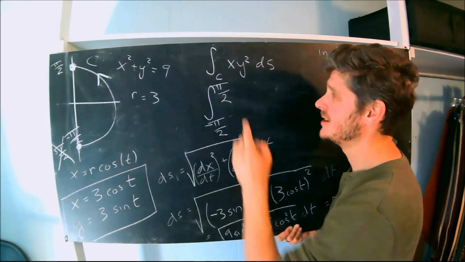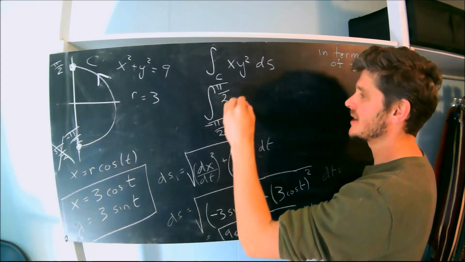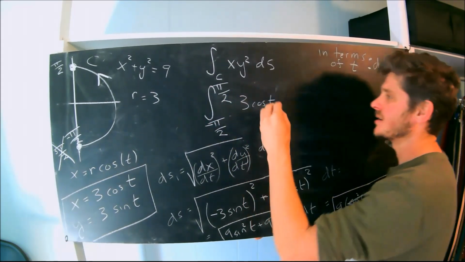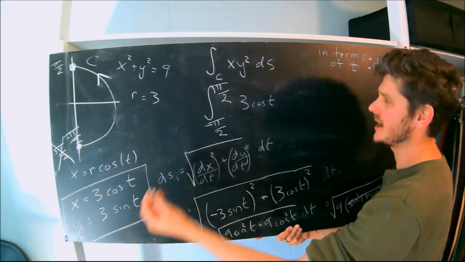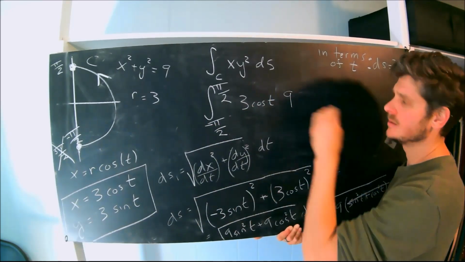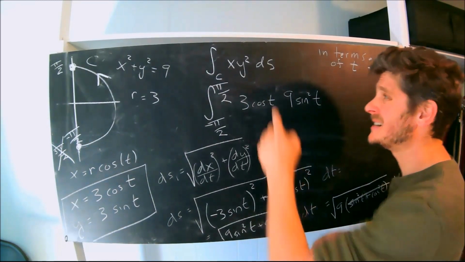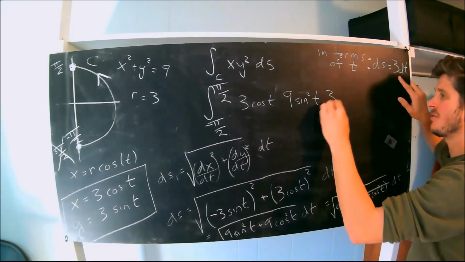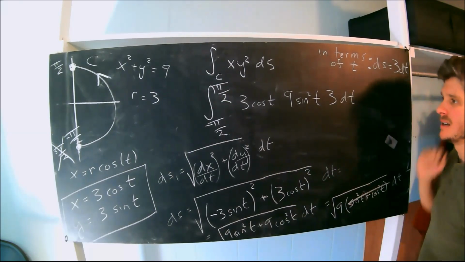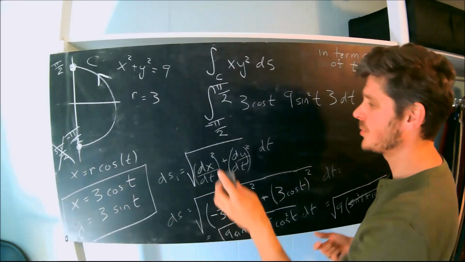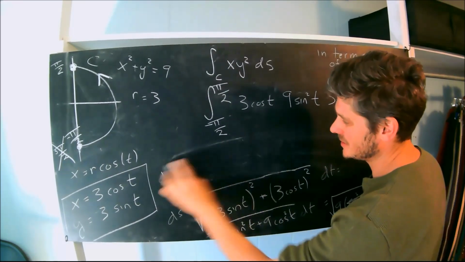Those are my new bounds for my integration. Substitute for x. So that's 3 cosine t. Substitute for y squared. So that's going to be, if I square that, 9 sine squared t. And then my ds becomes 3 dt.